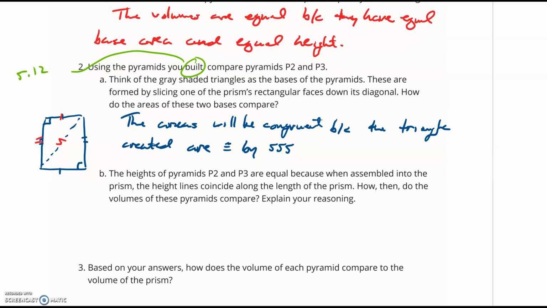Okay, the heights of pyramids P2 and P3 are equal because when assembled into the prism, the height lines coincide along the length of the prism. How then do the volumes of these pyramids compare?